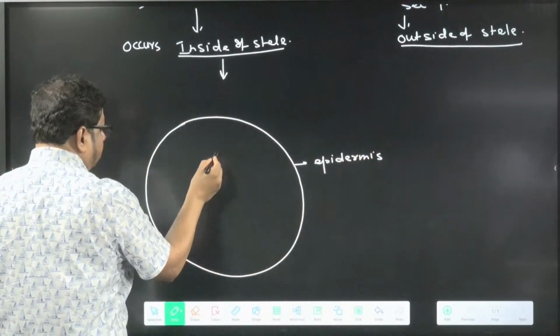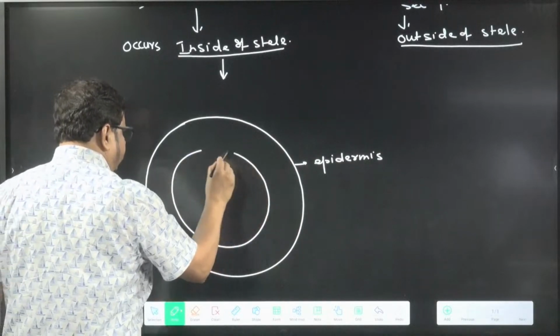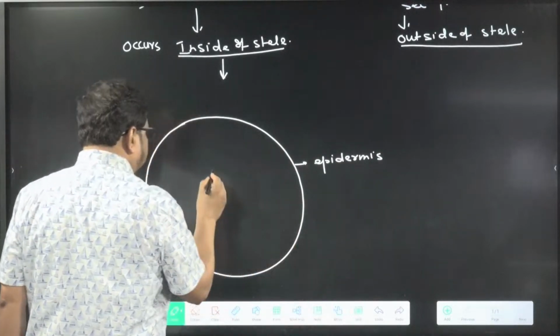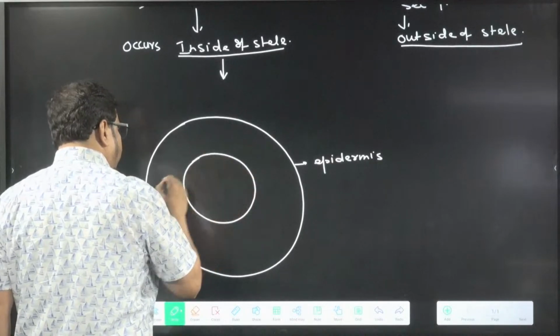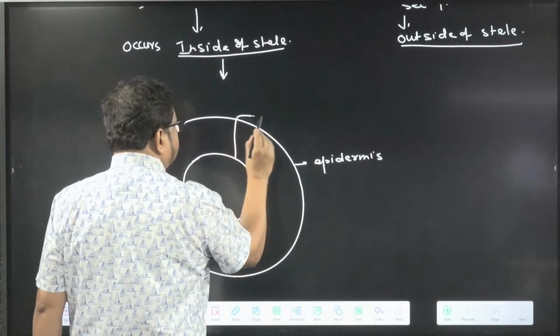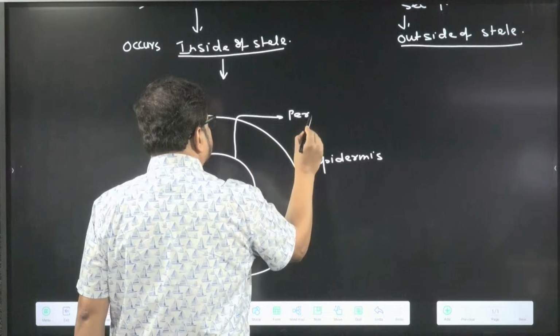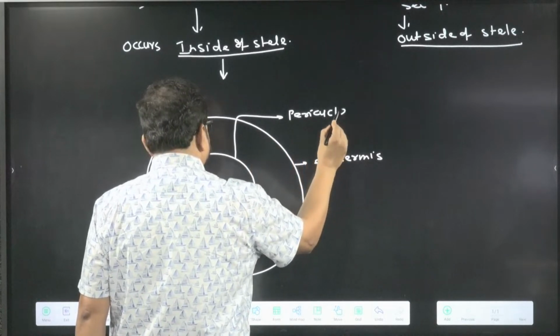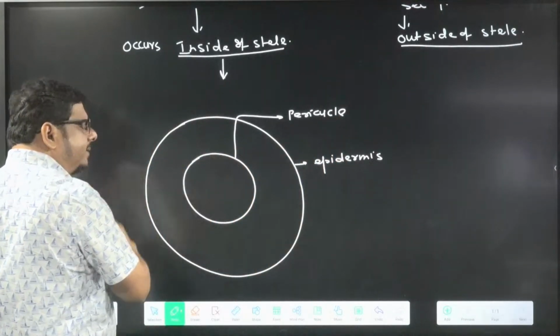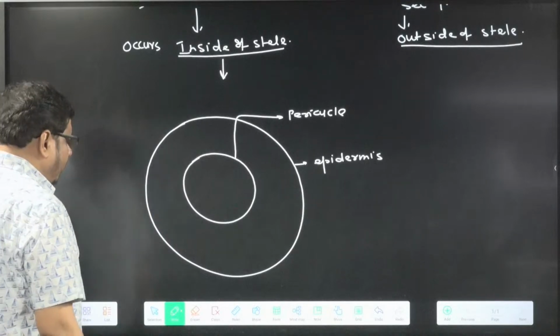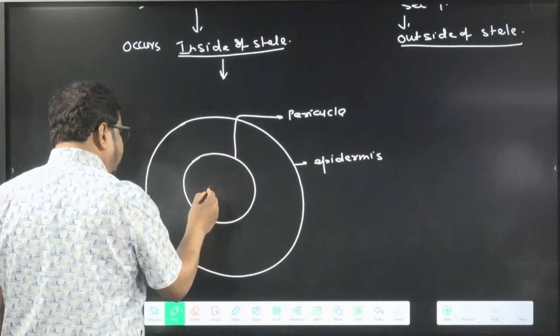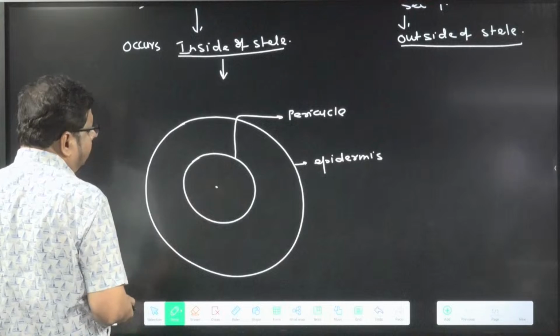I am just making another layer. Assume it is pericycle. It is the pericycle layer. So from pericycle inside, up to the center, it is called a stele.